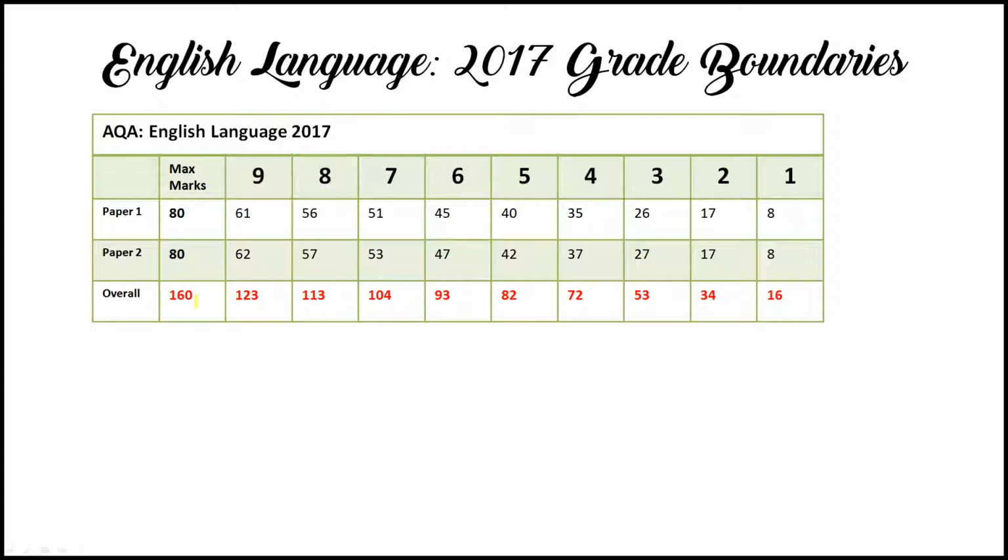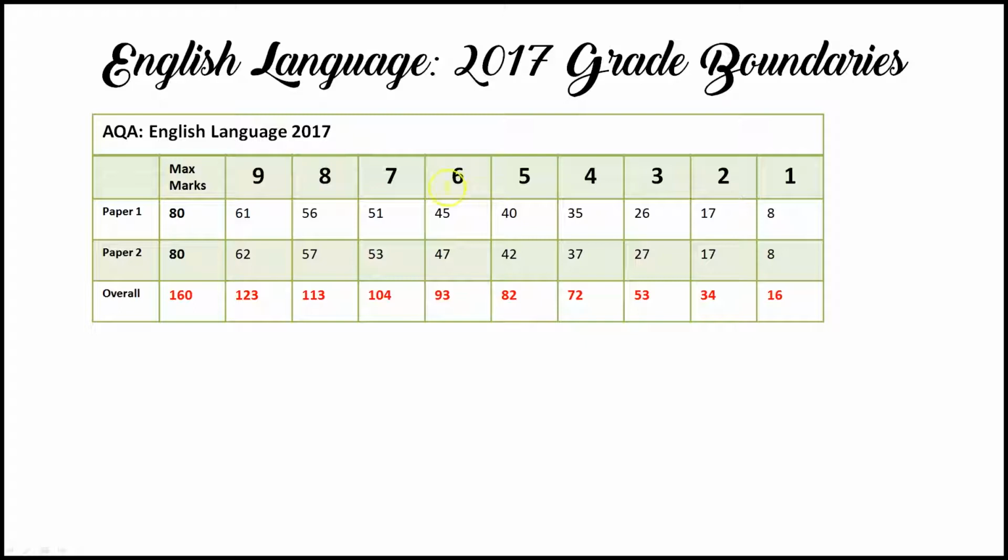As you can see, both papers have very similar grade boundaries, give or take a couple of marks, and what I mean by that is there is only a difference of 1 or 2 marks between each paper. So you can see a 9 on paper 1 is worth 61 marks and a 9 on paper 2 is 62 marks. Same goes with level 8, 7, 6 and so on and so forth.